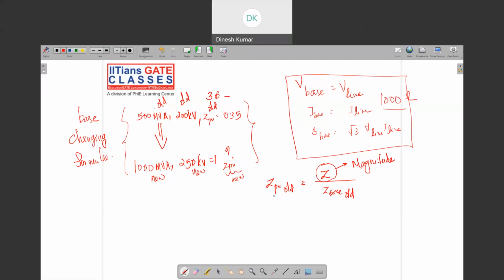Similarly, what is Z per unit new? That is Z divided by Z base new, because Z doesn't change if you change the base.